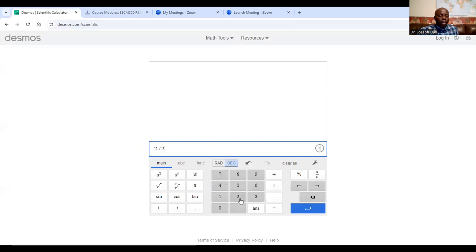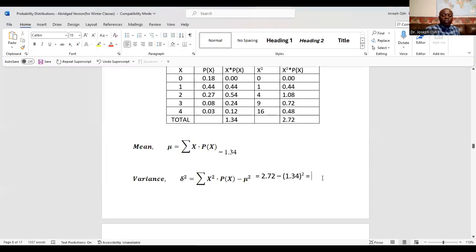Okay, minus 1.34, and square it. 1.34 squared gives me 0.924, which means 0.92. So 0.92 is the variance.